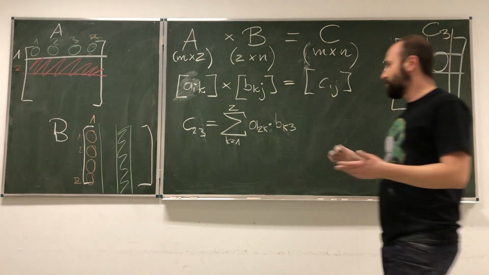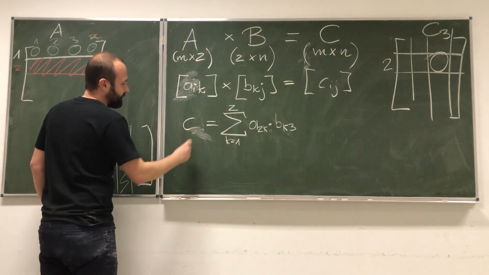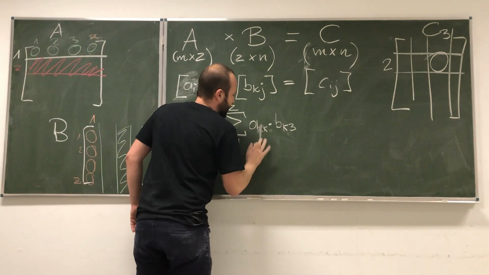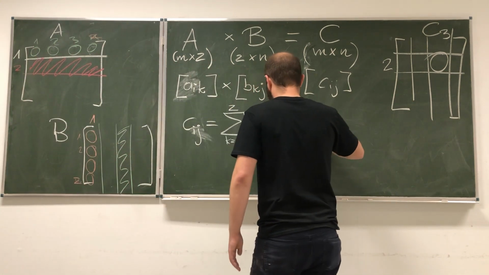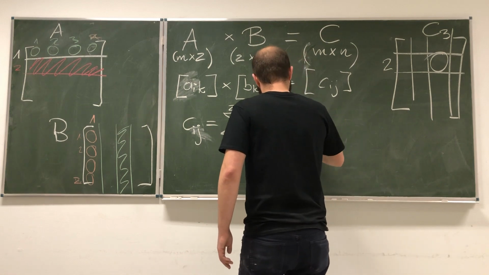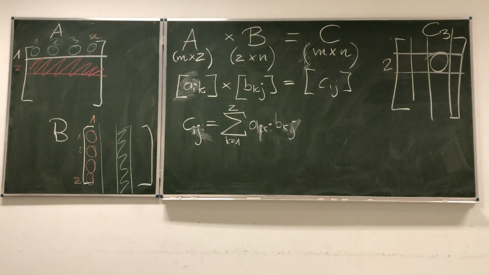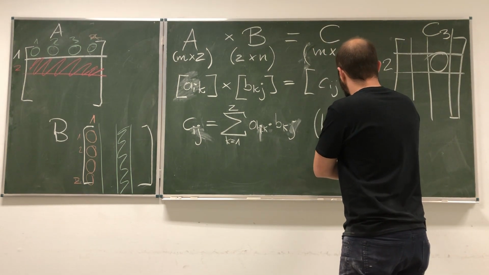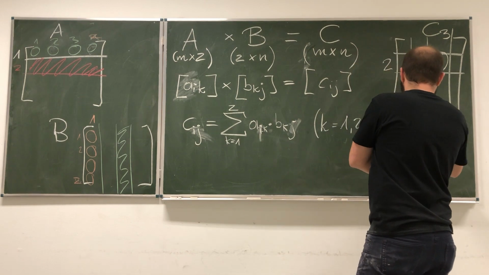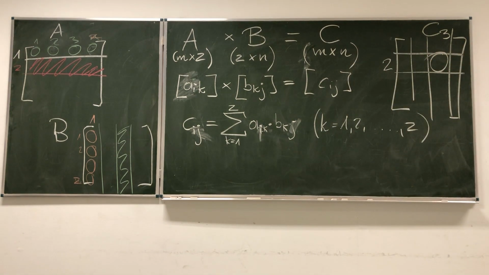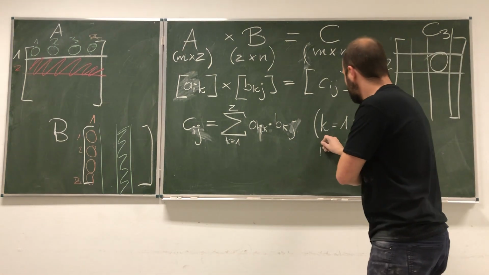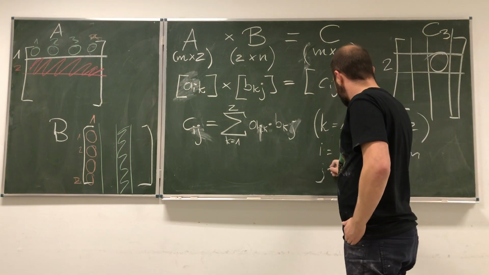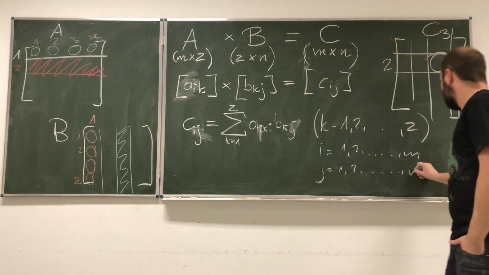And in more general terms, I can simply write that element Cij is equal to the sum of Aik times Bkj, with k, of course, equal to 1, 2, until z, and i equal to 1, 2, until m, and j equal to 1, 2, until n.